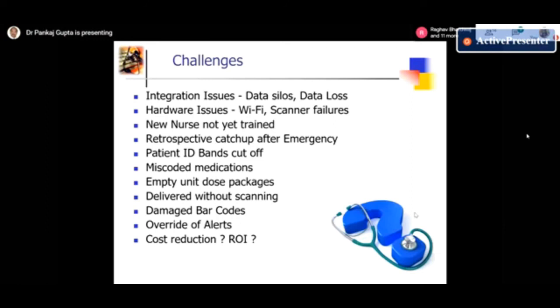And then cost reduction. This is a huge issue. Every time I've had problems with CFOs, they will always come and say, why should I do this? What is it saving for me? Where is the money that is being saved?